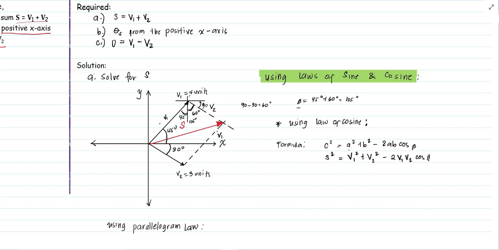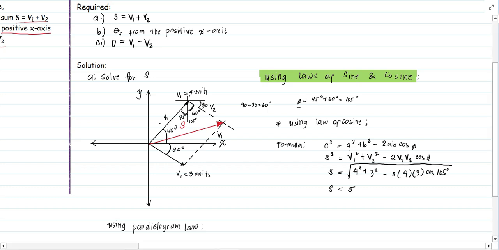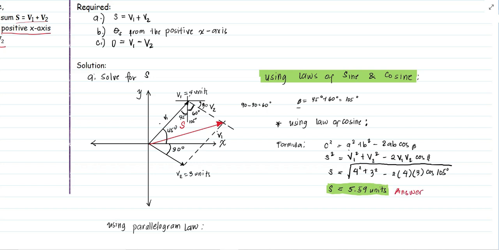Then, taking the square root and substituting the given, s equals the square root of the quantity 4 squared plus 3 squared minus 2 times 4 times 3 times cosine 105 degrees. Solving for s using a calculator, we get a vector sum of 5.59 units. And this is the answer for letter a.